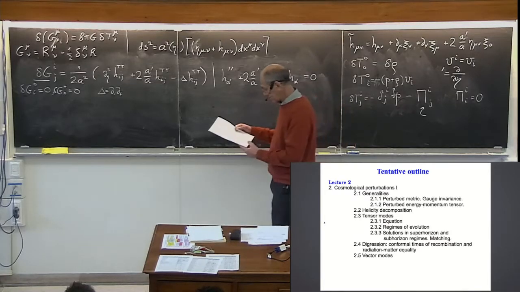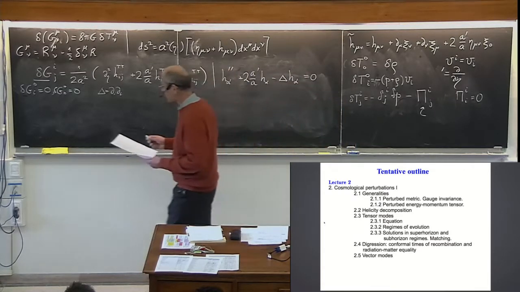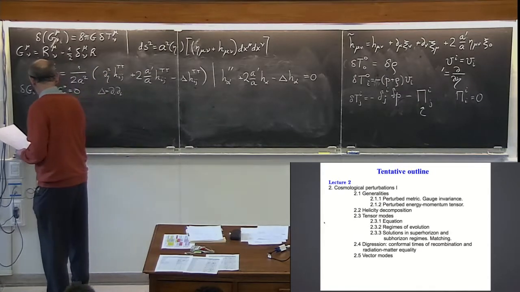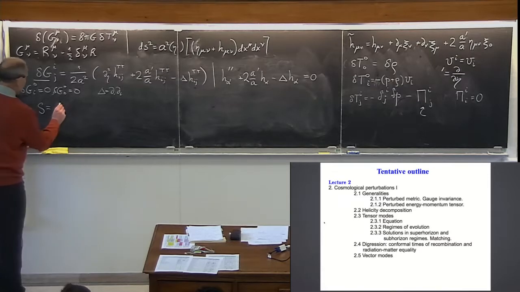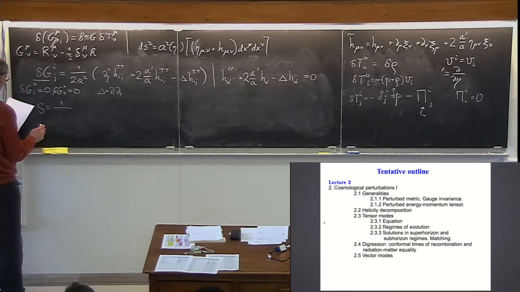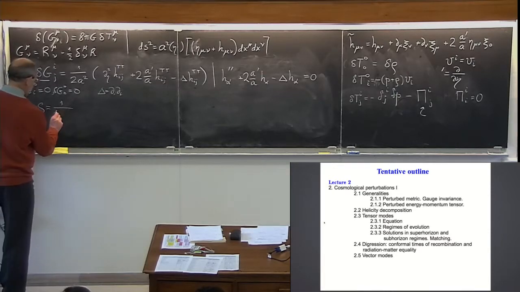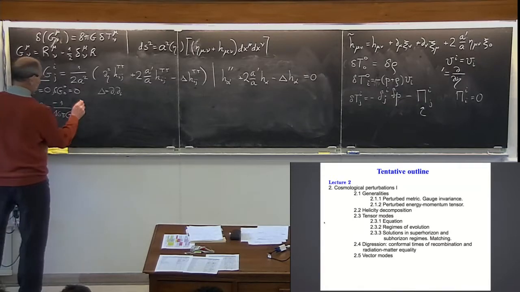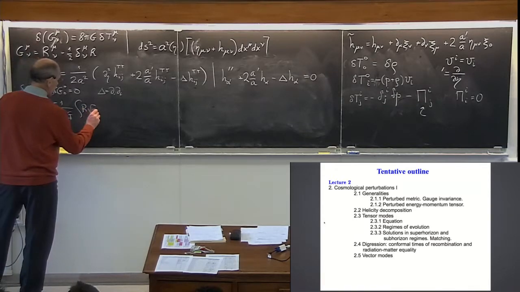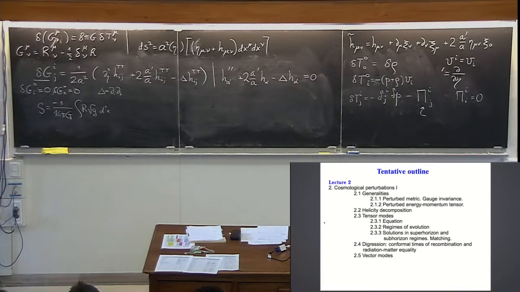In any case, the action for the transverse traceless perturbation is the following. Remember that the Einstein-Hilbert action had minus 1 over 16 pi G integral R square root of minus g d^4x. That's the way the gravitational coupling comes in.